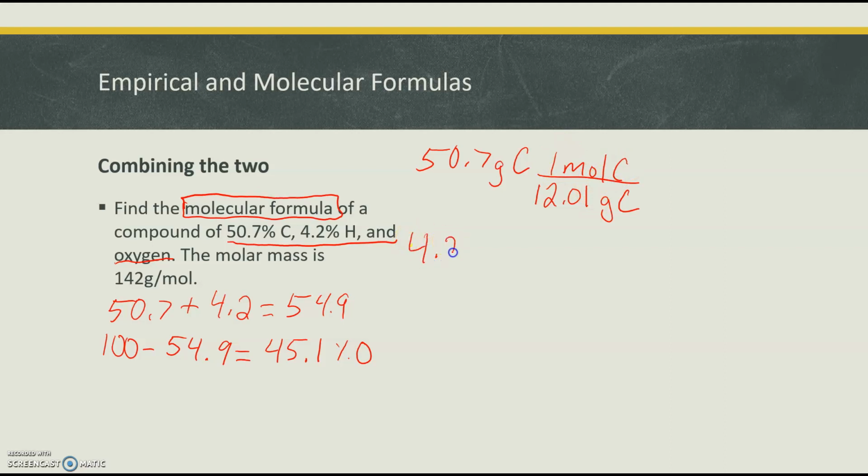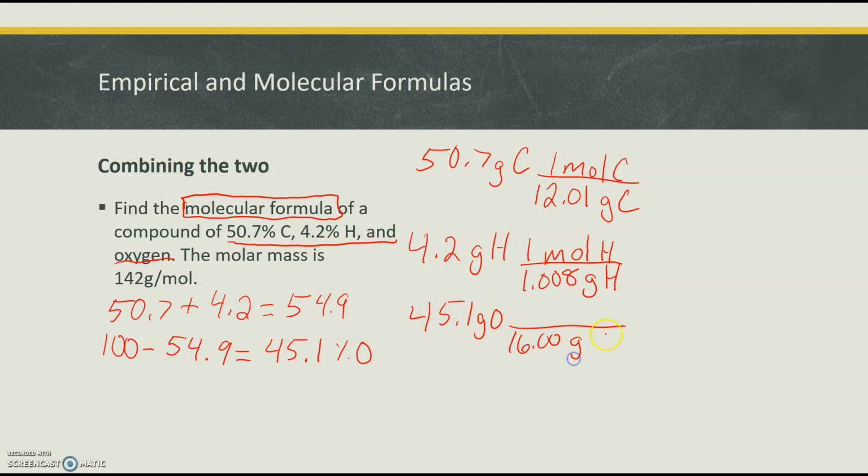Hydrogen will be 4.2 grams divided by its molar mass, which is 1.008 grams. And again, that's grams per 1 mole. Then for oxygen, we will have 45.1 grams divided by its molar mass, 16.00 grams per 1 mole.